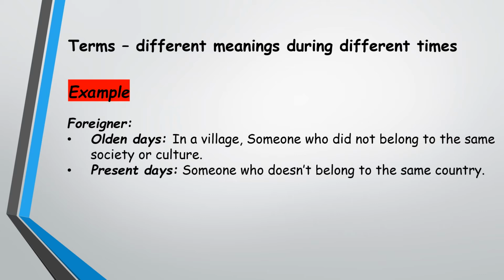But during the medieval period, that is the olden days, any stranger who didn't belong to the village's specified society or culture was called a foreigner. And the word foreigner in English, with the same meaning, differed in different languages. Like in Hindi, it is termed as Pardesi, and in Persian, it is termed as Ajnabi.